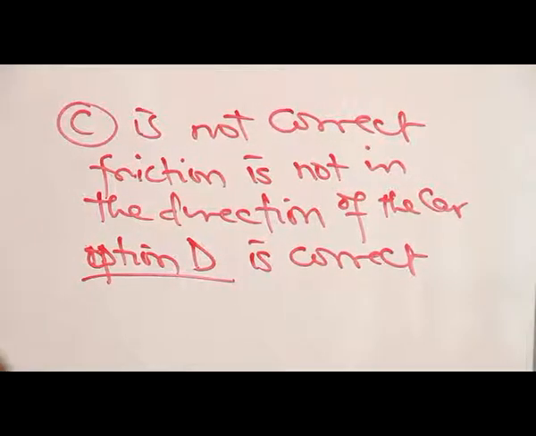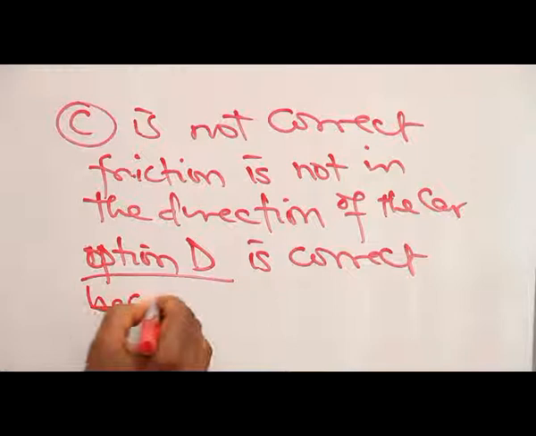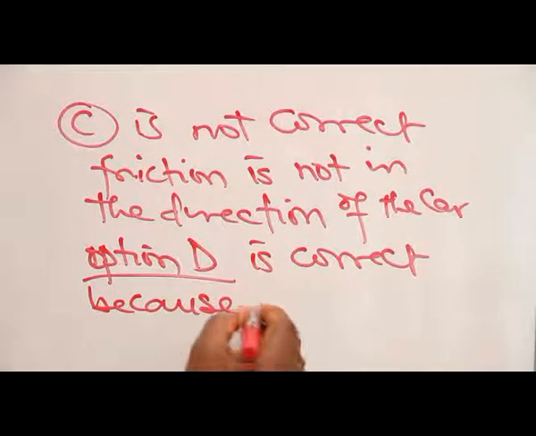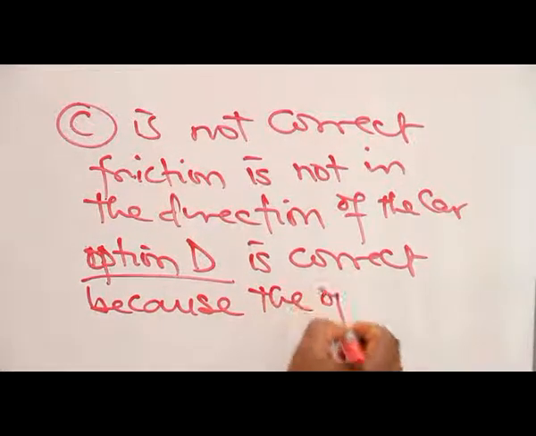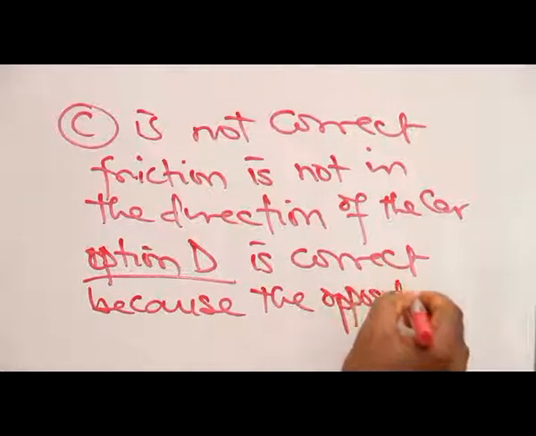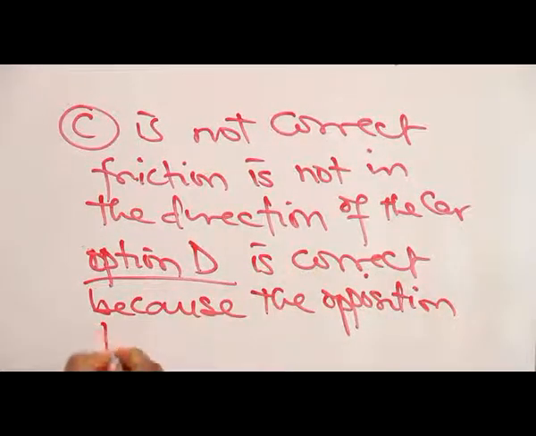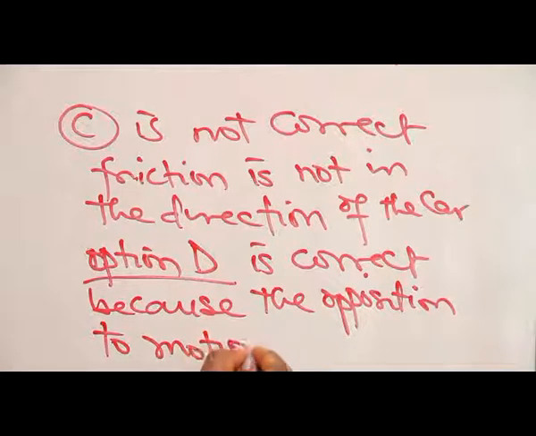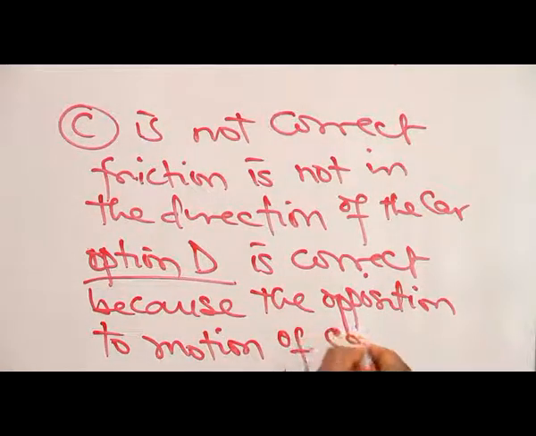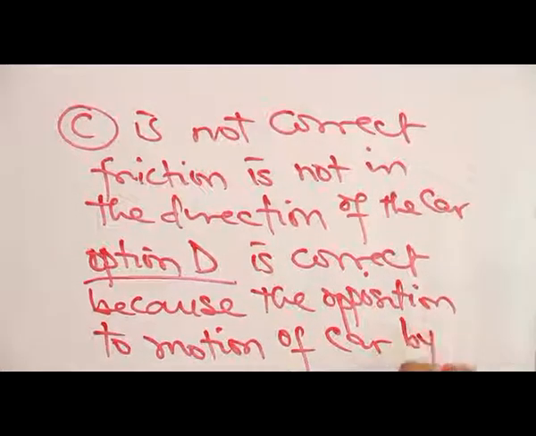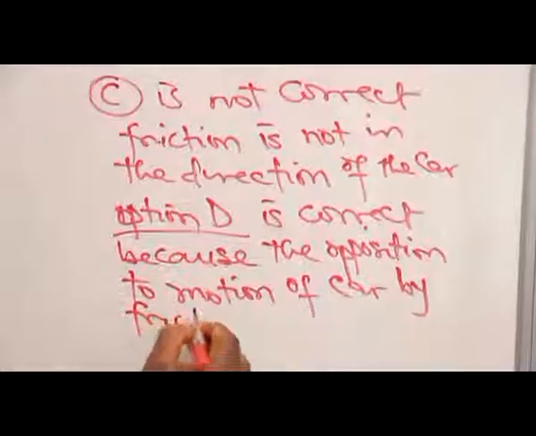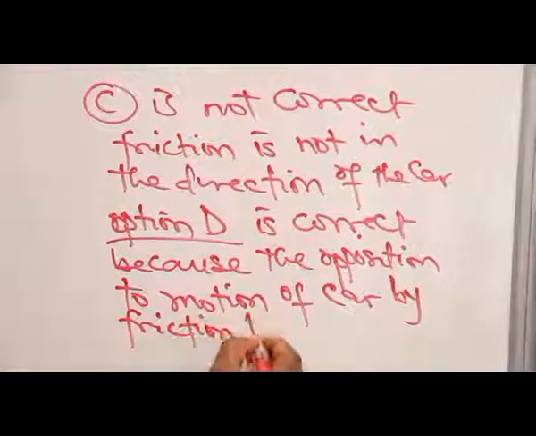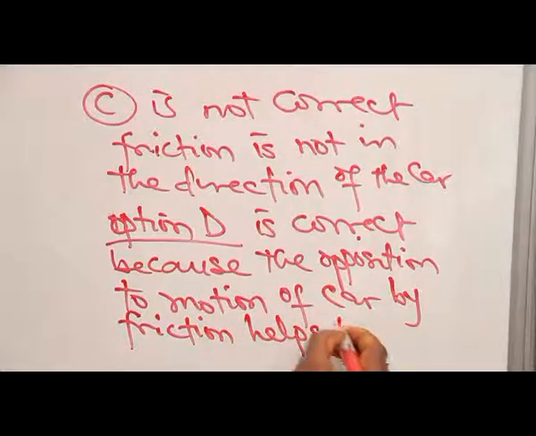Option D is correct because the opposition to motion of car by friction helps to stop it.